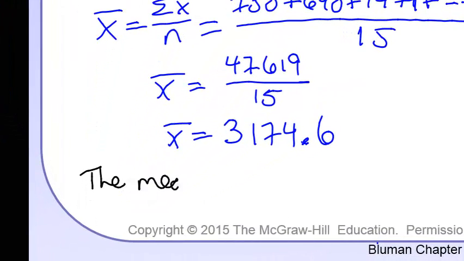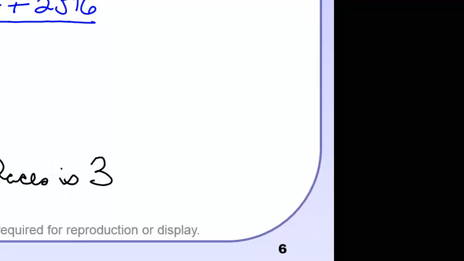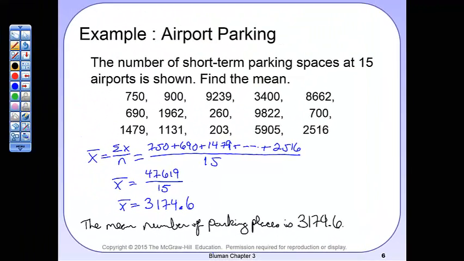So the mean number of parking places is 3,174.6. And that is our mean. Again, make sure that you've rounded to one more decimal place than what your data starts with.